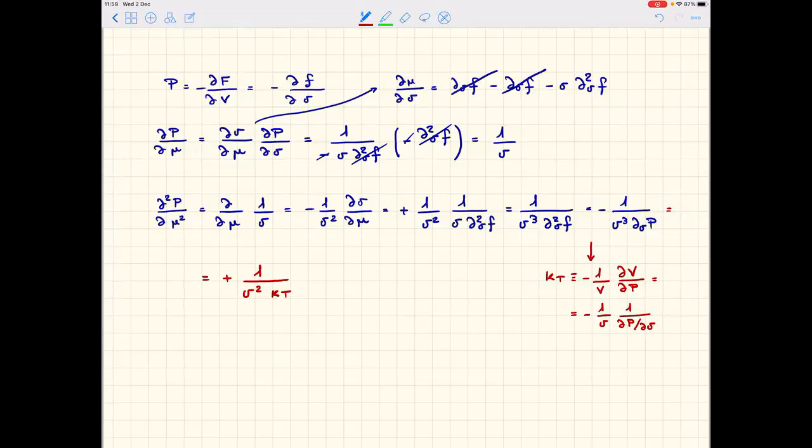Therefore, what I discover now is that my fluctuations of the number of particles are equal to kBT squared times the volume, kBT times the volume, times d squared P d mu squared, and this is equal to kBT times V times 1 over little v squared times the isothermal compressibility.